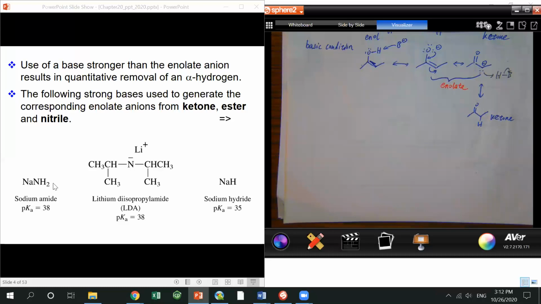Sodium amide, which we already learned many times, has a pKa of 38, a pretty strong base. Then there are two other bases that are probably new to you. One is LDA, lithium diisopropylamide, which was probably in chapter 9.